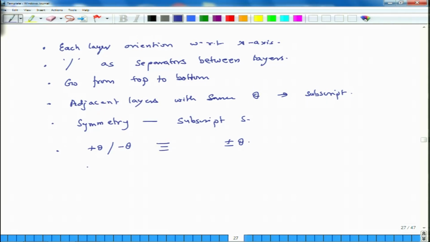Similarly, if the lamination sequence has a negative theta and plus theta, then this can also be written as minus plus theta. Okay. So, these are some broad principles through which we prescribe lamination sequence.